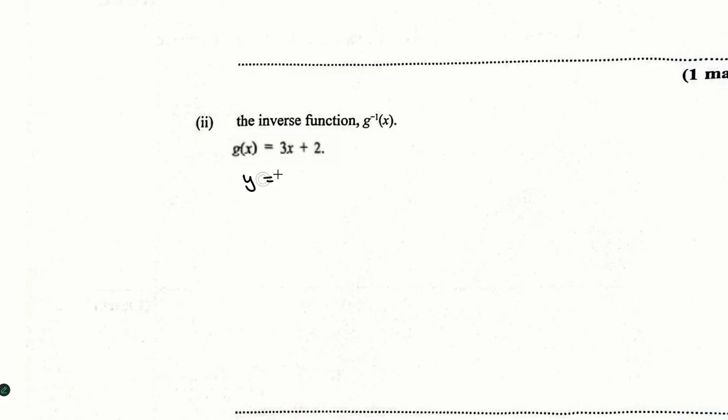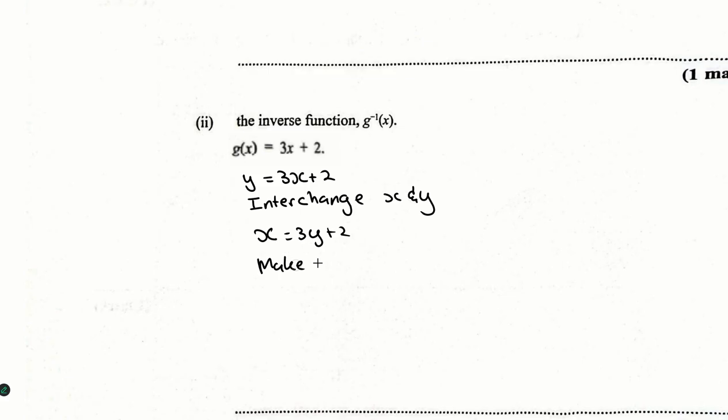So y is now 3x plus 2. Step 2, you're going to interchange or exchange x and y. What that means is wherever you see x, you put y, and vice versa. So instead of y, it is going to be x is equal to 3y plus 2. And then your third step would be to make y the subject.